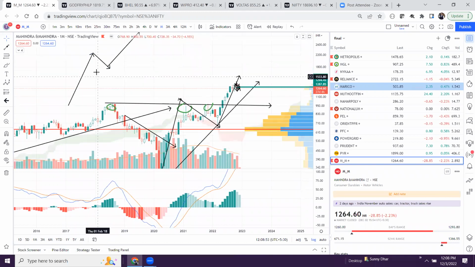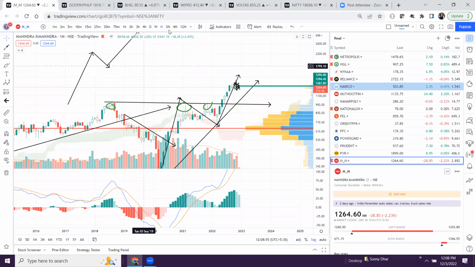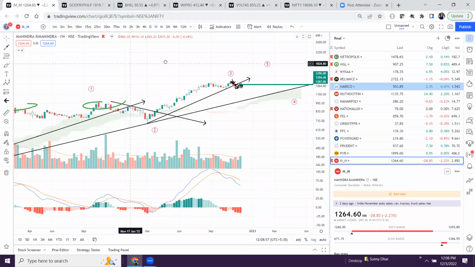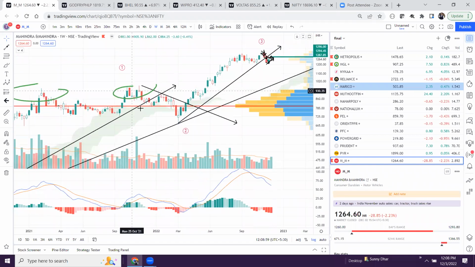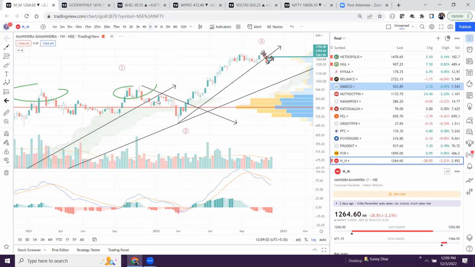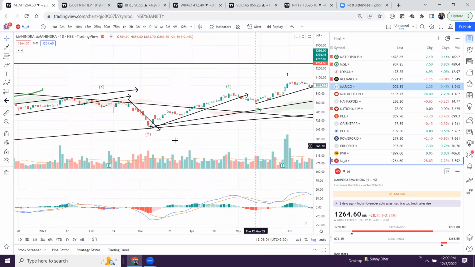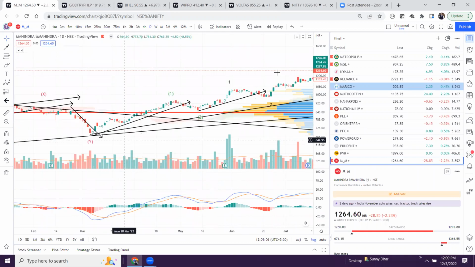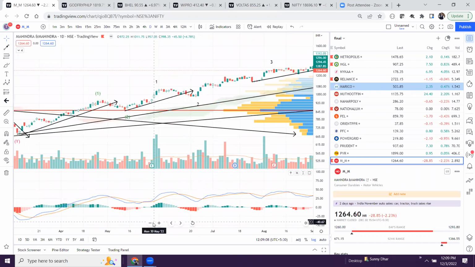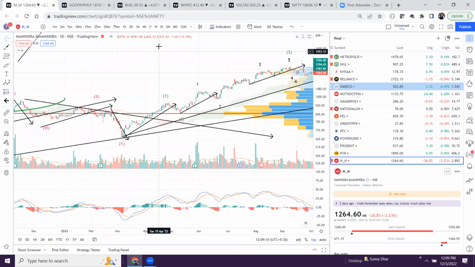And how can we know that this impulsive move has started? By just looking at the lower charts, you can see that this three wave correction is over, and then the next impulse started. So this was one of the stocks that we gave.